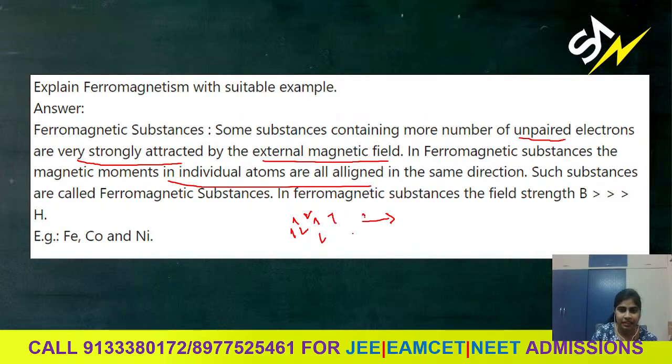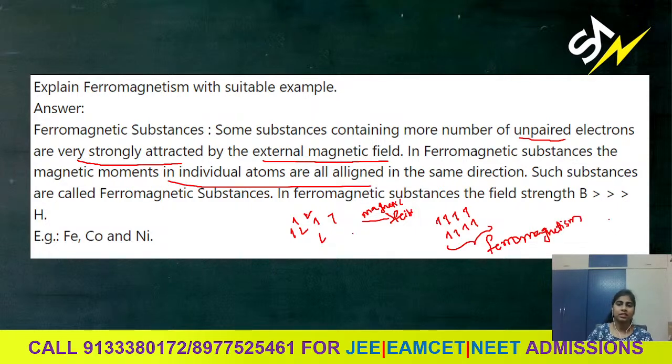After applying this external magnetic field, all these electrons will be aligned in the direction of the magnetic field, such that the substance can exhibit the property of ferromagnetism. Got it? You need to elaborate in that way.